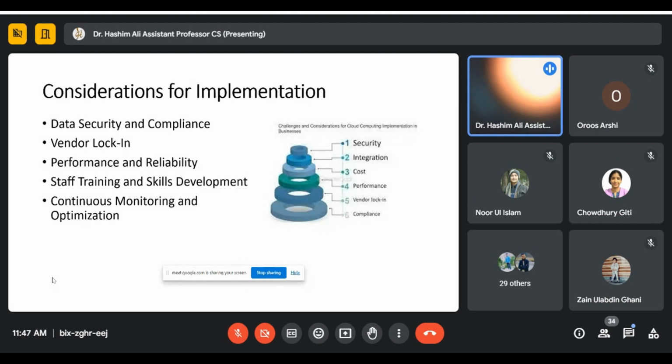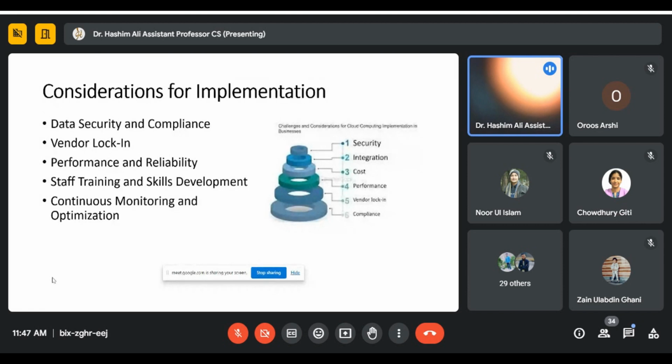Then we are looking for the performance and reliability, staff training and skills development, and last but not least, continuous monitoring and optimization. So there are different challenges. We have to look for those challenges, and there are different considerations for cloud computing implementation in businesses.